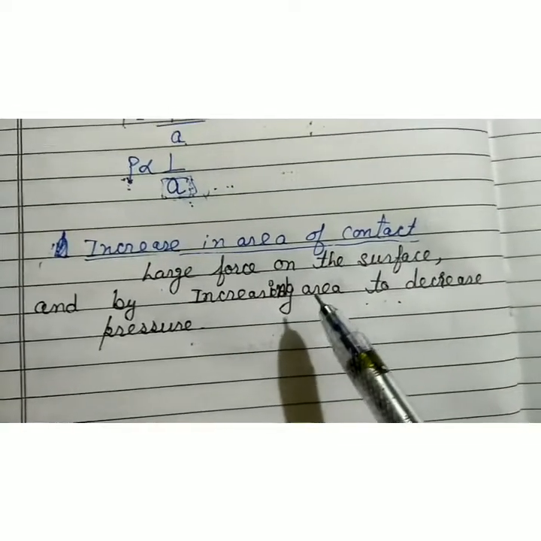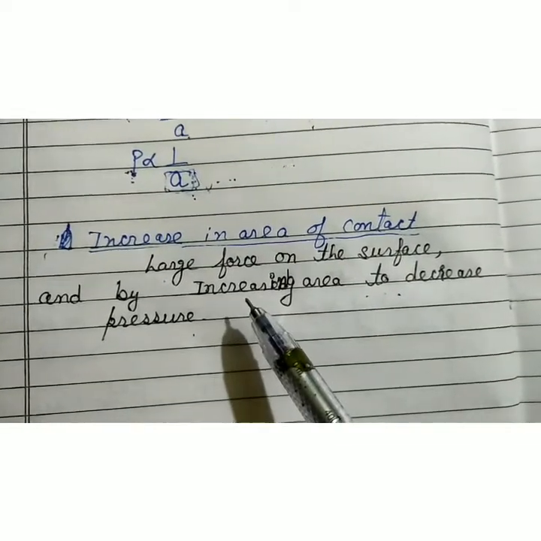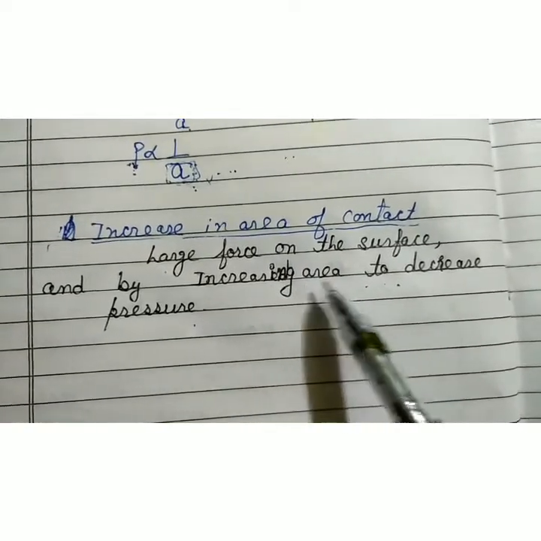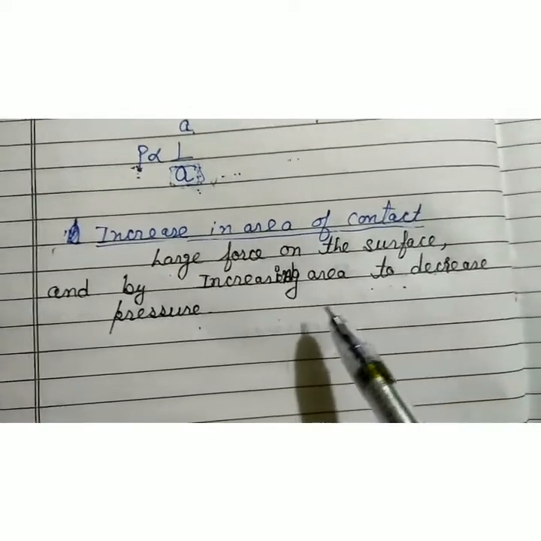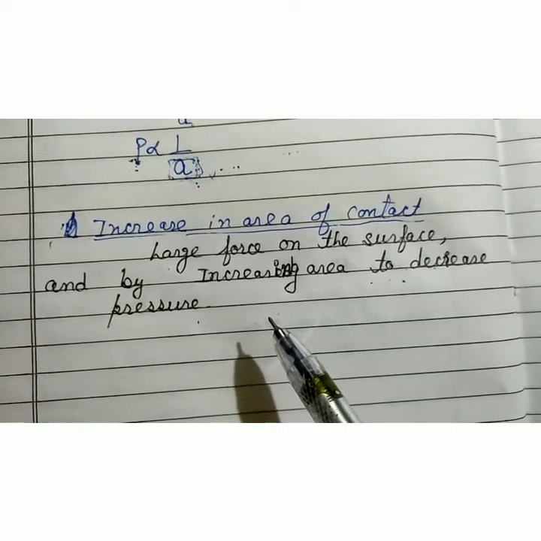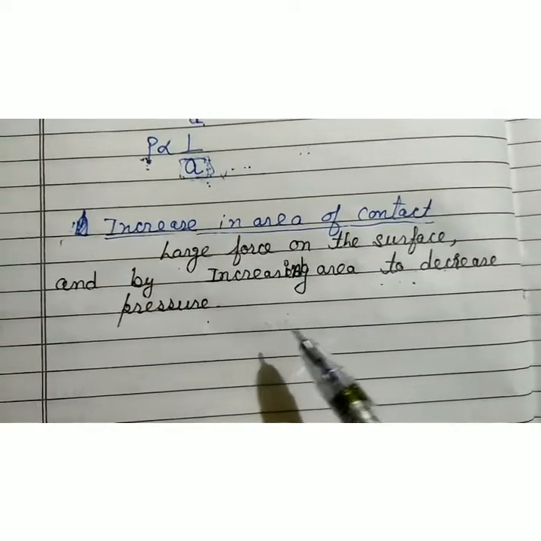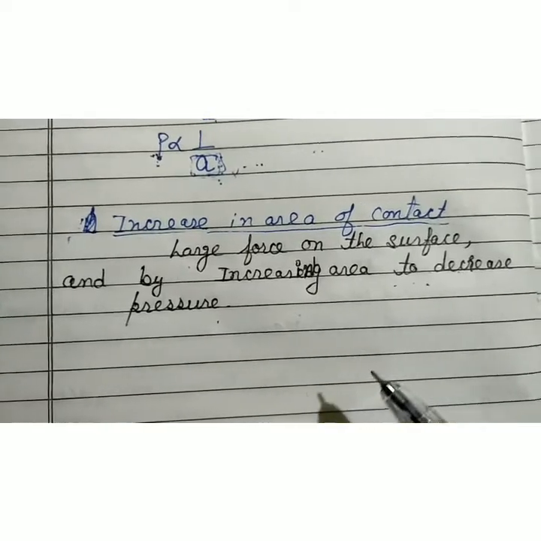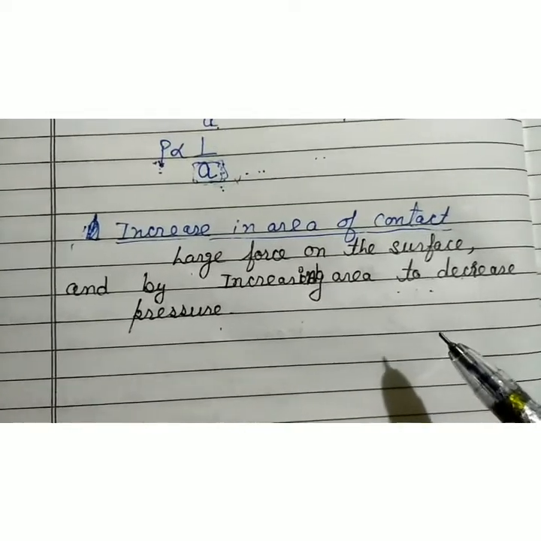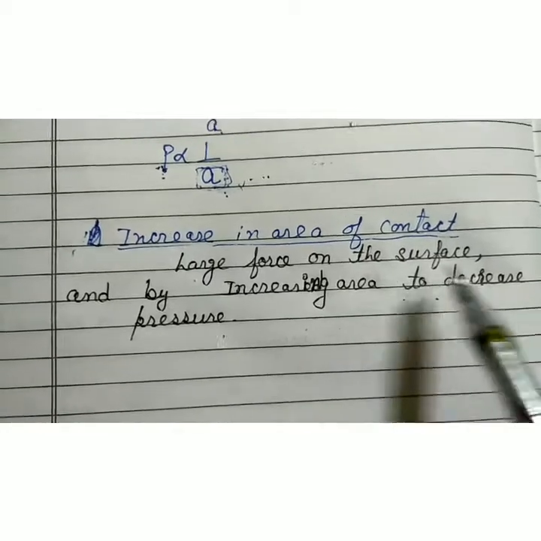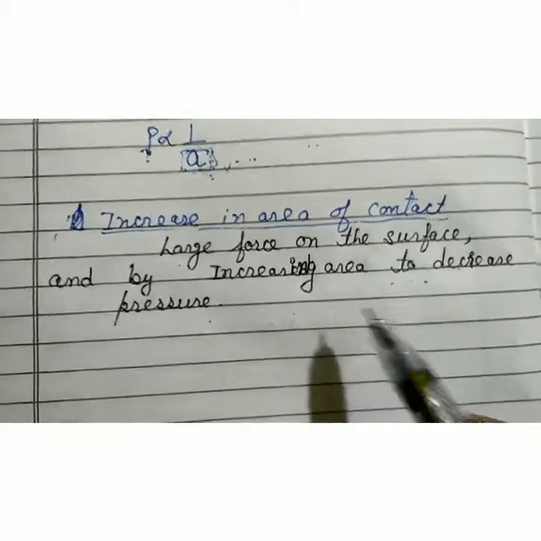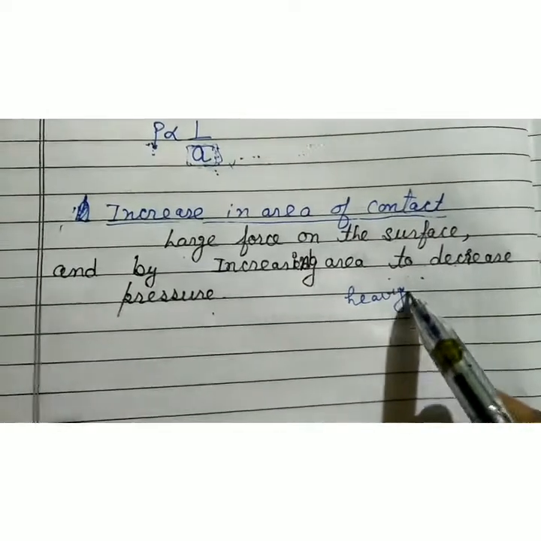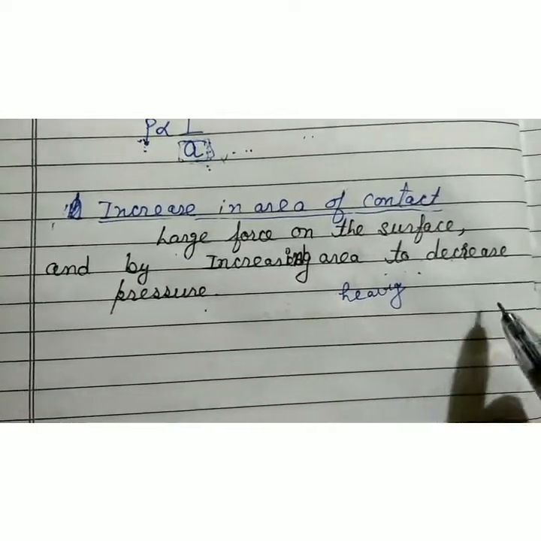In all these examples, we have actually increased the area of contact to decrease the pressure, because in all these examples, whether we consider the bus, truck, train, the bulldozer, or the army tank or any other tank, all these objects are very heavy, which means they apply a very large force on the surface.